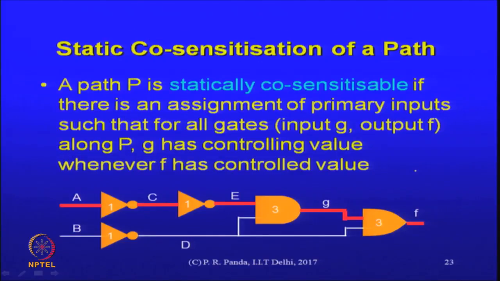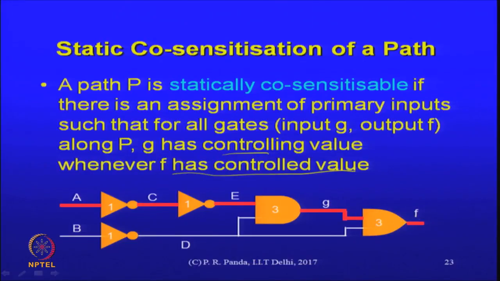Static co-sensitization is defined in the following way. For a path P, it is statically co-sensitizable if there is an assignment of primary inputs such that for all the gates along the path, G has a controlling value whenever f has a controlled value.